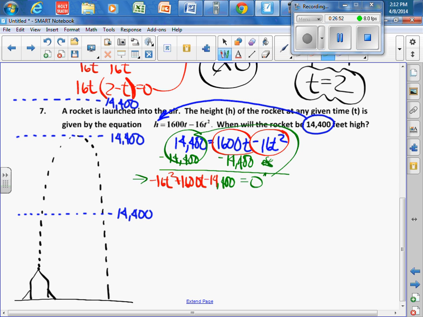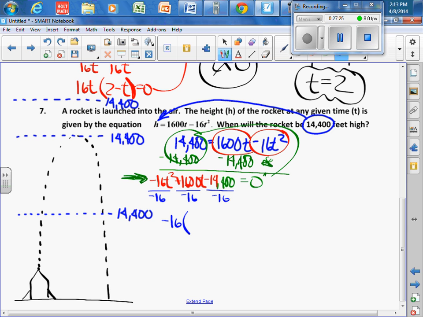I'm wondering if there's a GCF here. What do you think it might be? Do you think 14,400 might be divisible by 16? And since the first term is negative here, I'm not just going to factor out the 16. I'm going to try factoring out negative 16 and see what happens. So that means I'm going to have negative 16 times the parentheses.